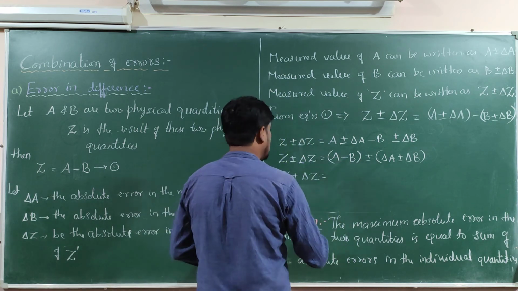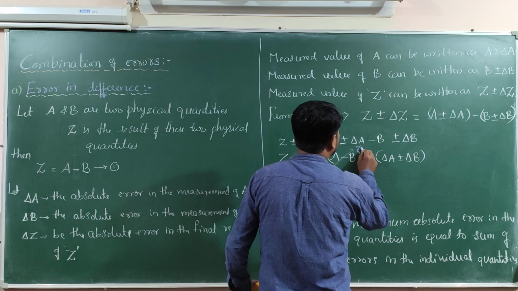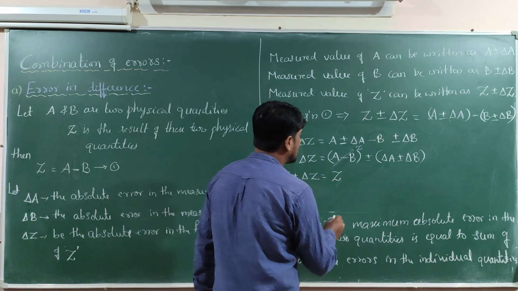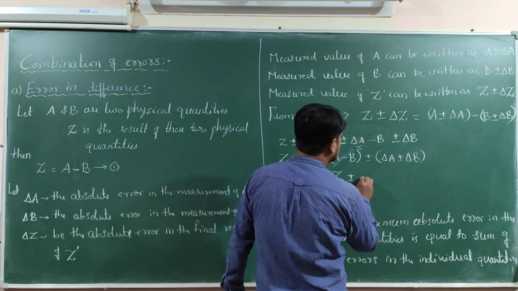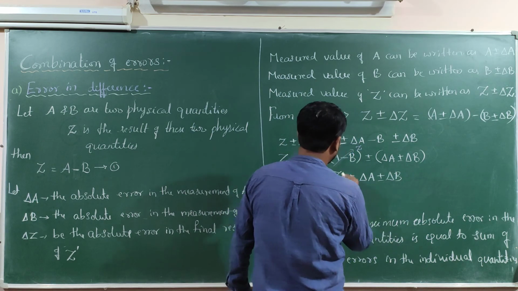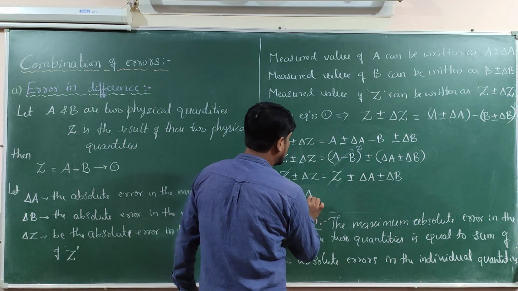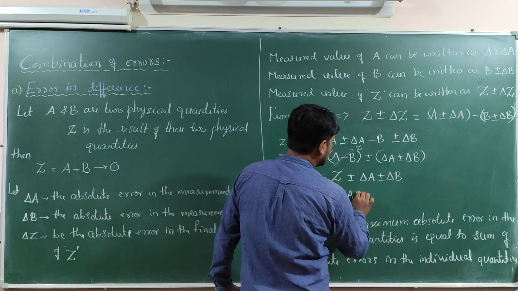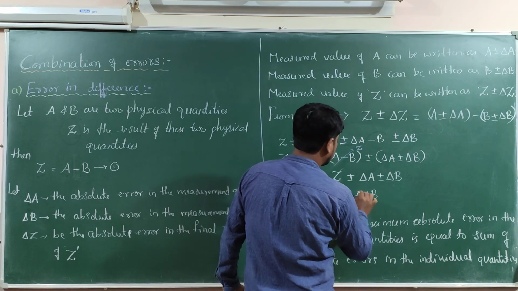From equation 1, A minus B is nothing but Z. I am replacing A minus B by Z from equation number 1, then plus or minus delta A plus or minus delta B. Z will cancel. So finally, delta Z is equal to delta A plus or minus delta B.